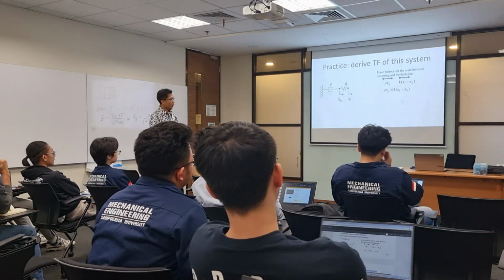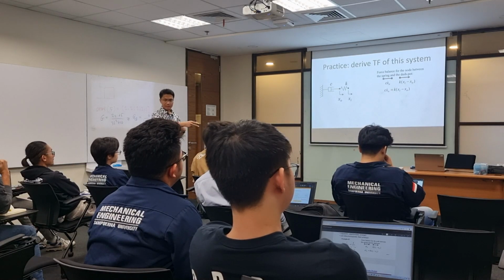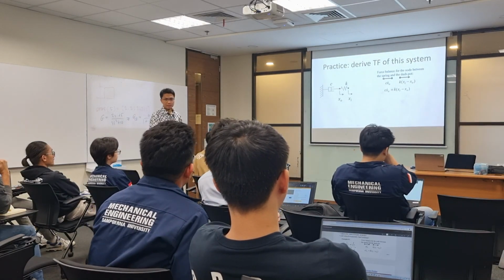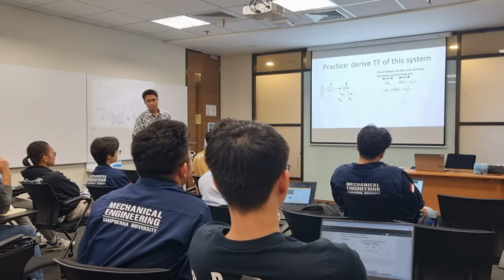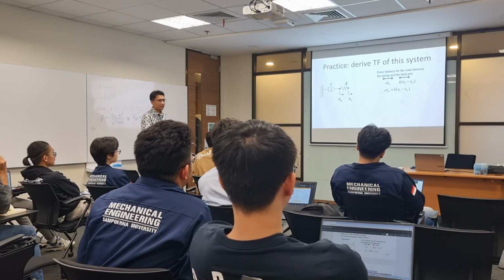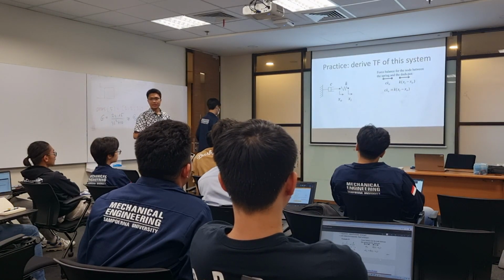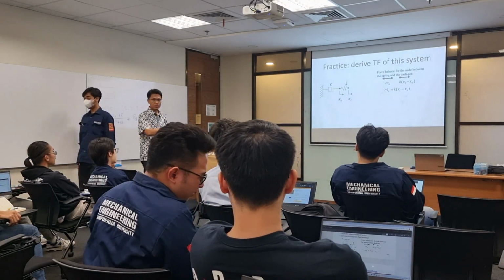When the spring is extended, this point is going to move to the right. The force is pulling it to the right if the spring is being extended. Extended means the input displacement is greater than the output displacement. This point will be pulled to the right.